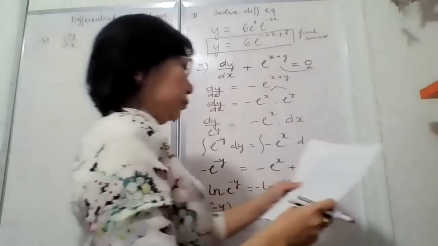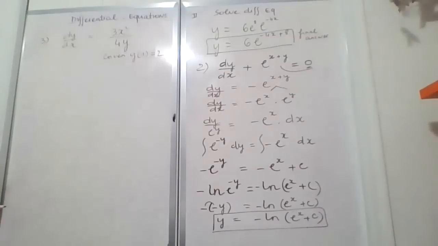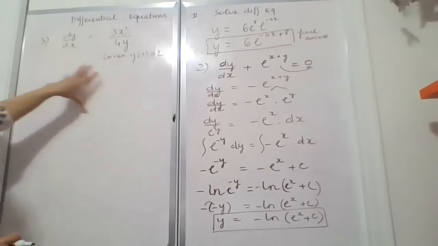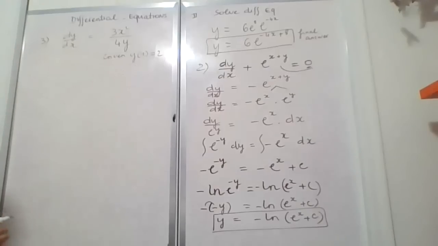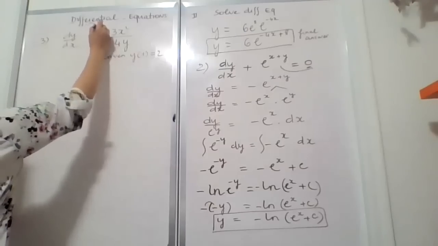So how do we do this? In this equation, again, we want to separate y on one side and x together on the other side. So by doing that, we have to do cross multiply.